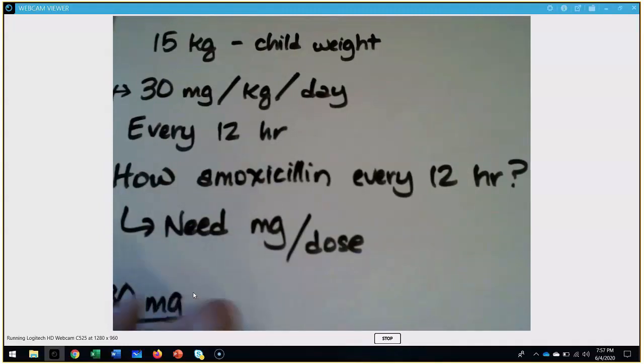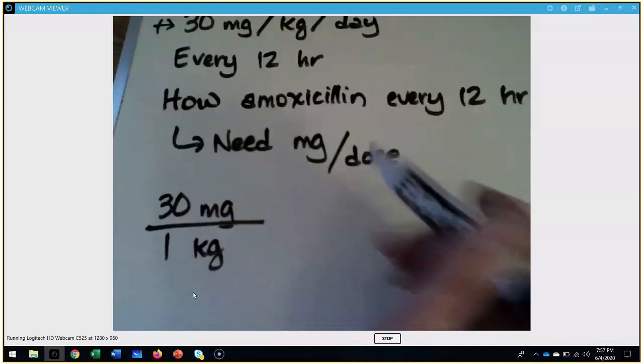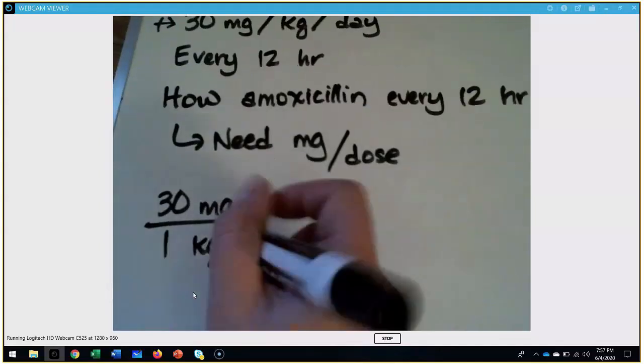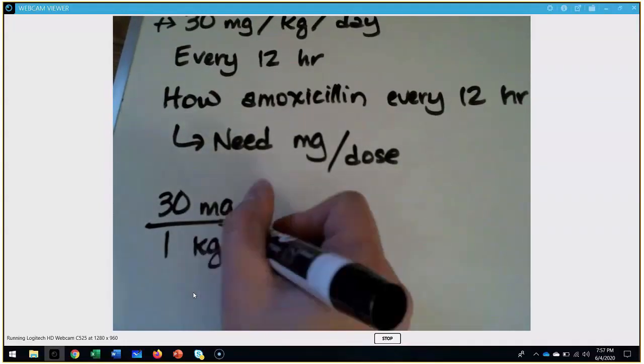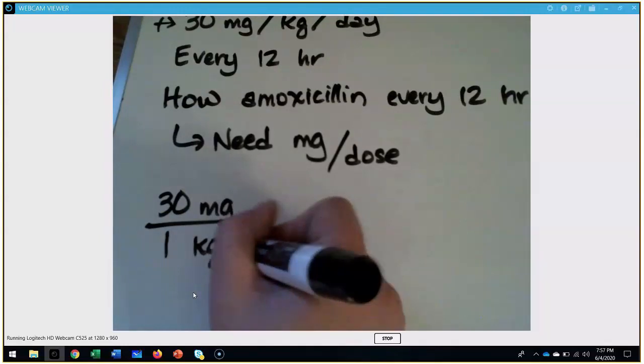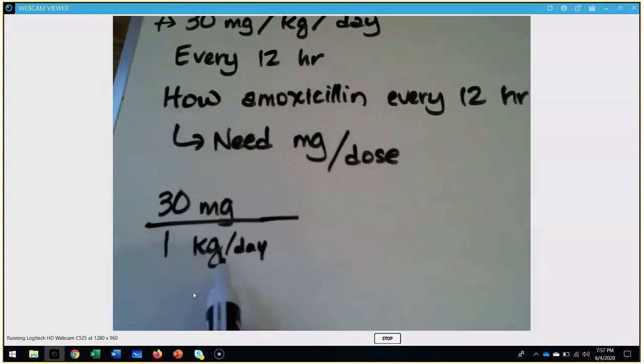So that's per 1 kilogram. I will account for the fact that this is per day when we're done here. I don't want to involve the per day necessarily in my calculations. I'm just going to leave it off to the side. So it's kilograms per day. I'm going to attach it like that.